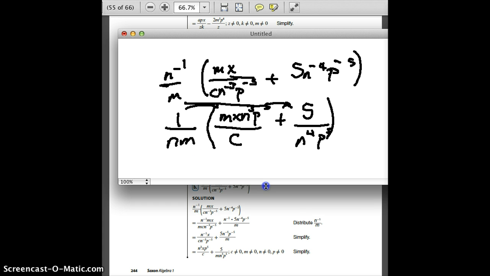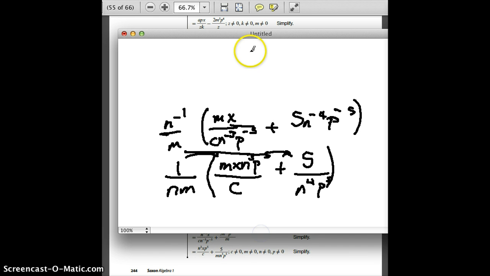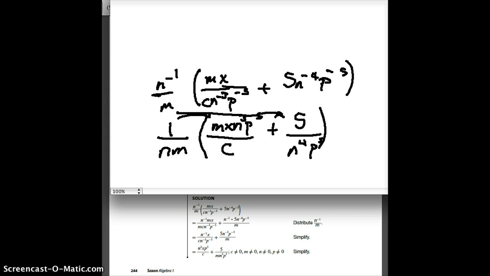That would still stay as m x n to the 3rd p to the 5th over, now multiply, that would be n m c. Plus 1 times 5 is 5, and then n to the 5th m p to the 5th.